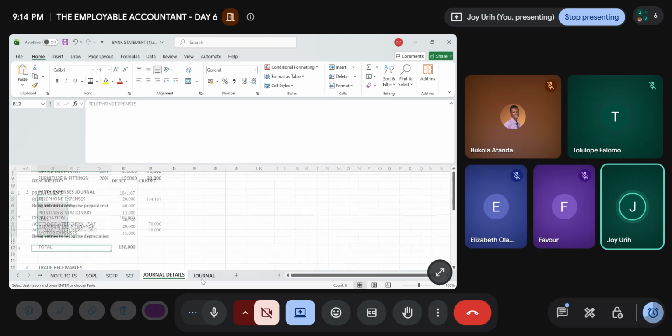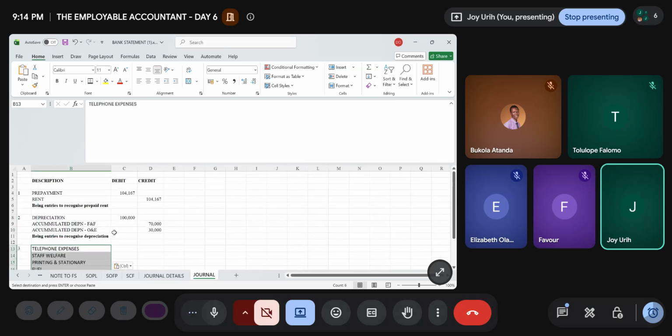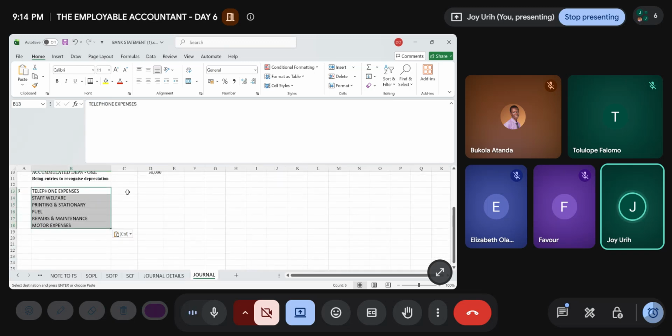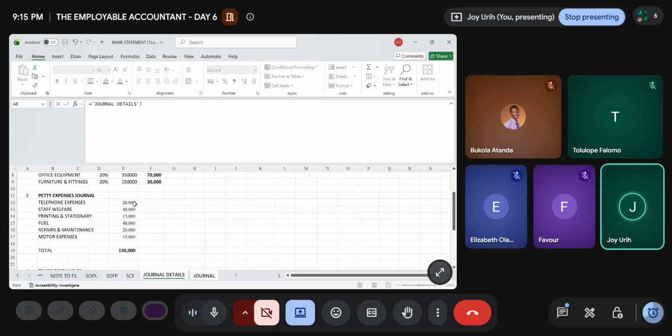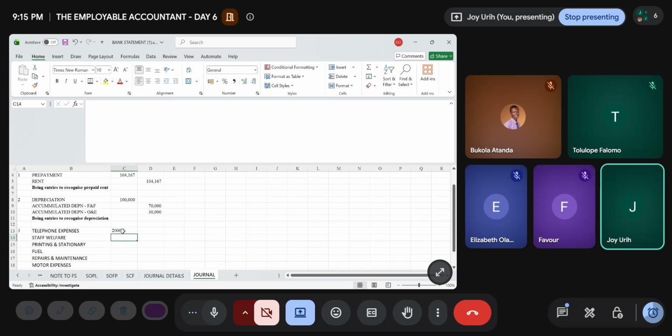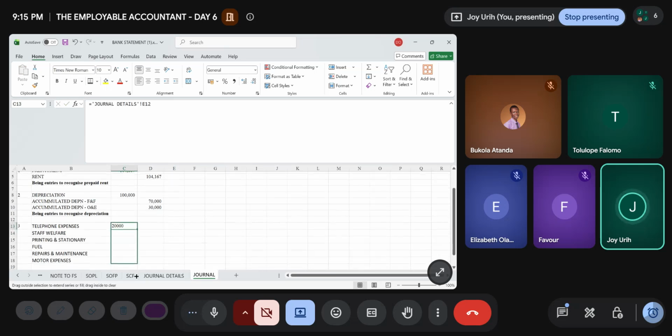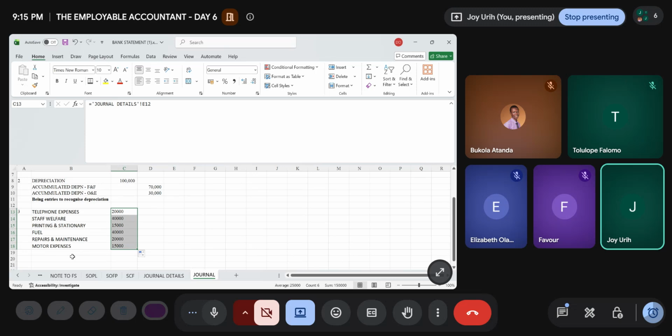Since they are expenses, they will be debited with the various amounts. So I'm going to pick the amount from here. I can just click and drag this down. Now I've gotten all the expenses. The next thing is, which account am I reducing?